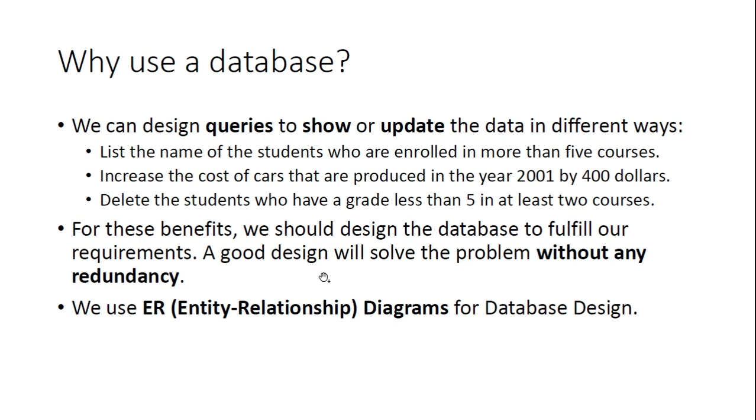And the database design could differ. To solve the same problem, we can come up with different equivalent designs, and some of them would be more efficient. Some of them could be storing some redundant data. So these will be some important concepts.